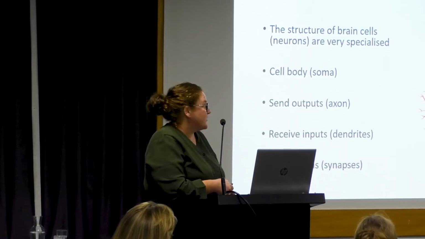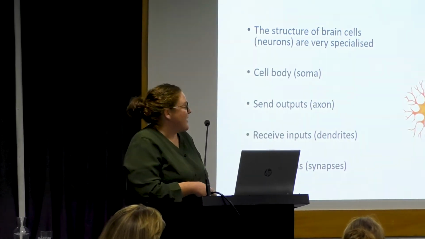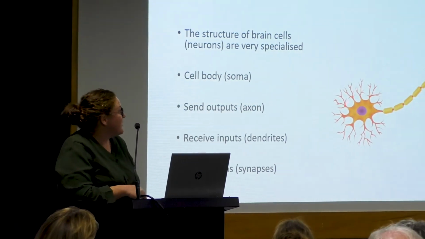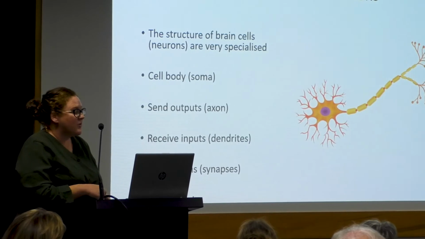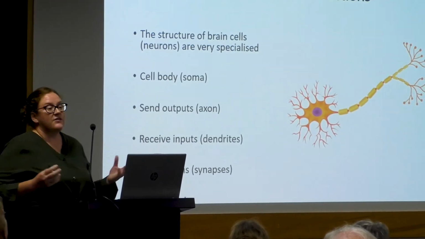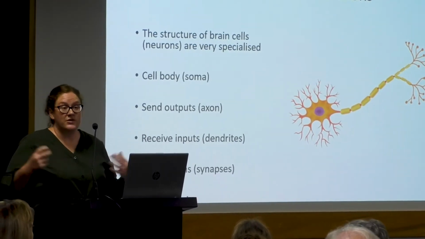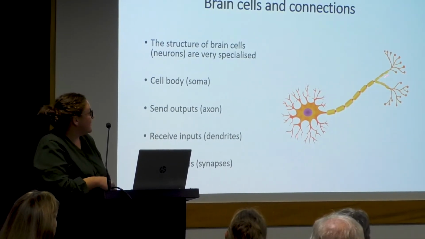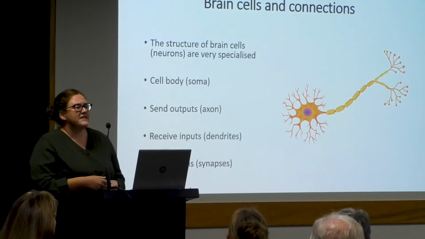The cell body, or the soma, which is here, is where the DNA is located. Then you also have the dendrites, which surround the cell body, and these are the parts of the brain cell that receive inputs from other brain cells. Then you have the axon, which extends out here, and this can be very long.